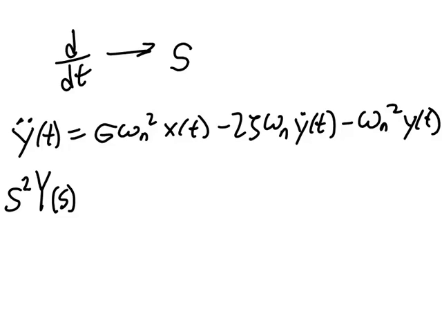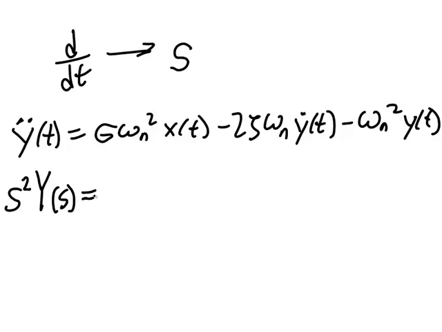I've changed the lowercase y into a capital Y, and I've replaced the time variable with the s variable. This represents the Laplace transform of our output signal. The two s's represent the fact that we're taking the second derivative of that variable.